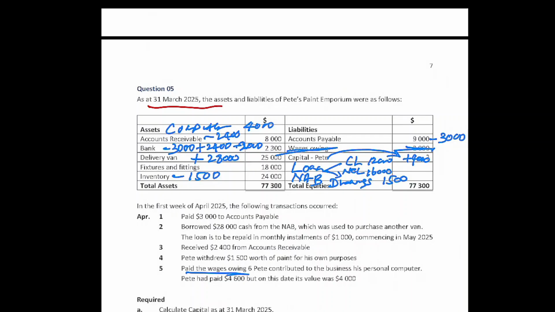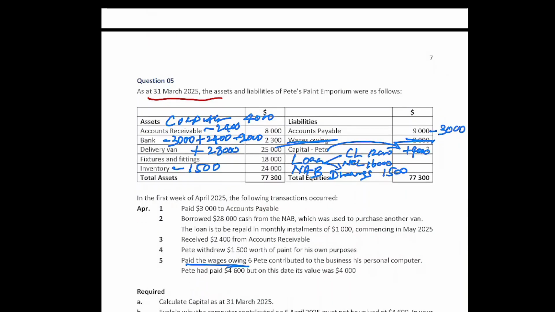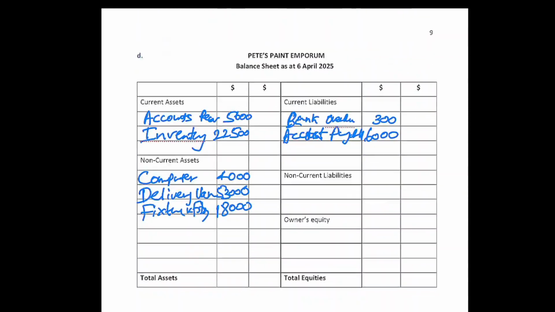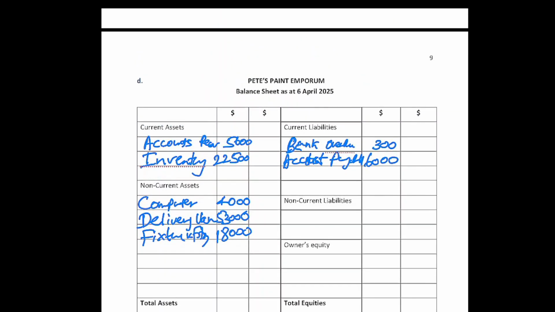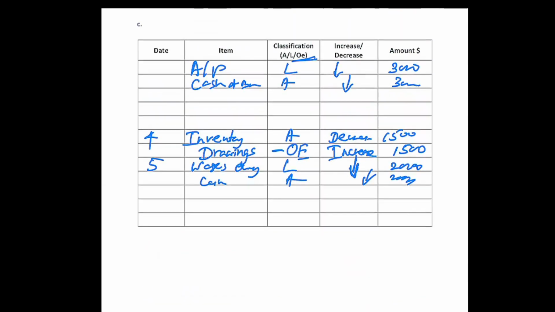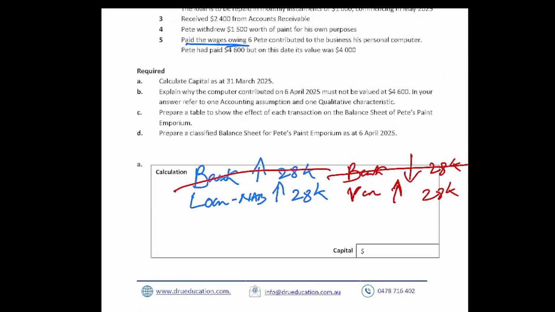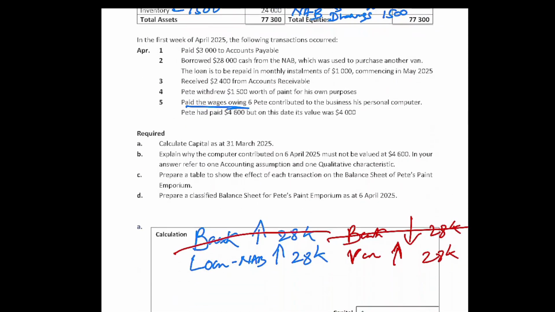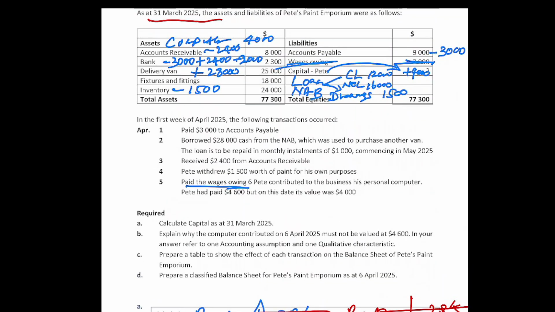Okay. Then we have the other one, capital. Now under the owner's equity I will write capital. How much is the capital? You should have calculated. I didn't calculate it. How much was the capital, guys? I can tell you if you want.